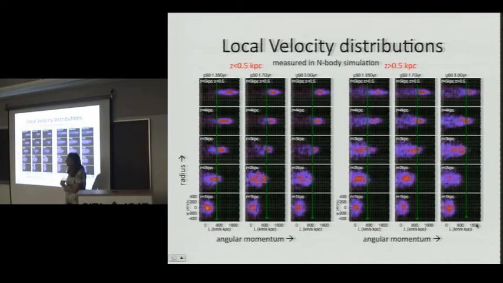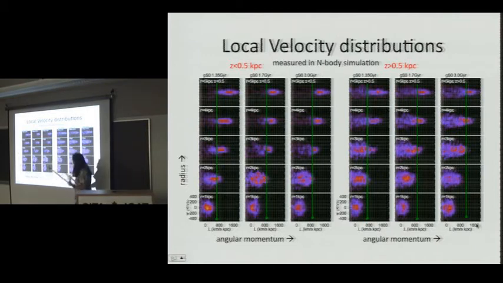Okay, so I went into those simulations to try to figure out what was actually giving you the peanut shape. I'm going to dissect them to figure out where resonances are and all that stuff. But the first thing I did was look at the velocity distributions. In this one I have angular momentum.